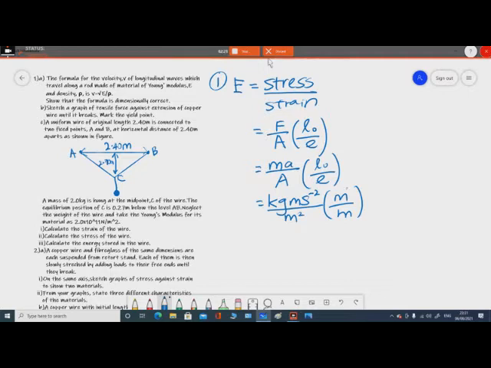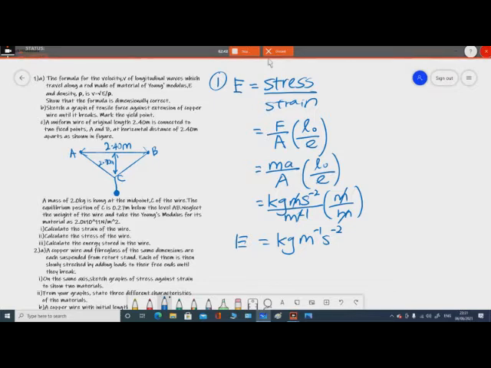So this can be cancelled, and this one is L. So this one will be 1. The final answer we get is equal to kg m negative 1 s negative 2. So this is the SI unit for Young modulus.